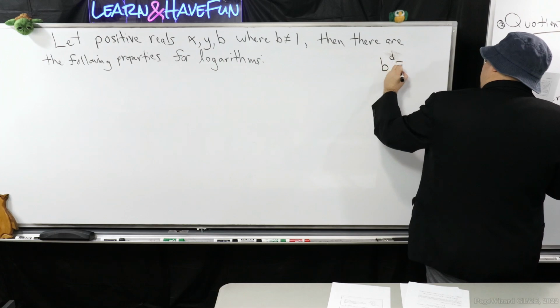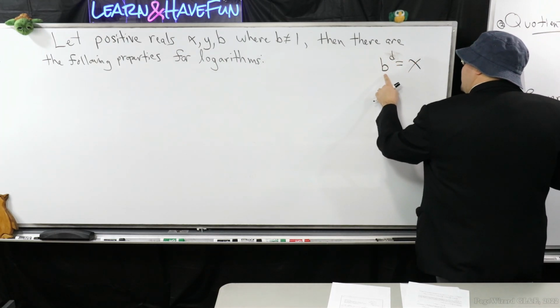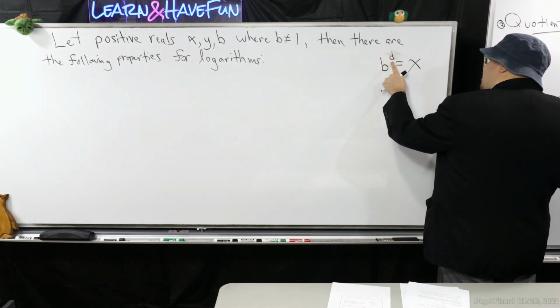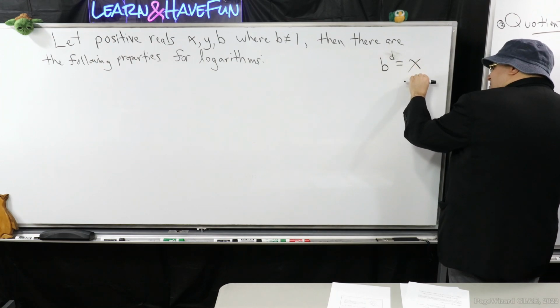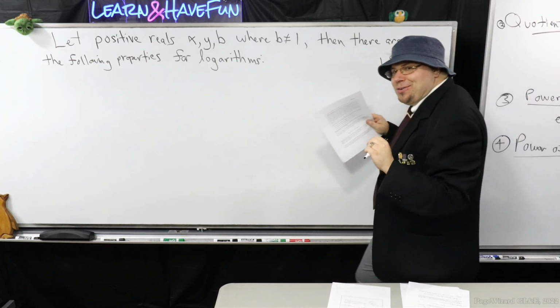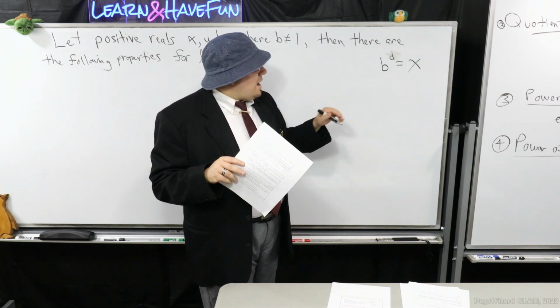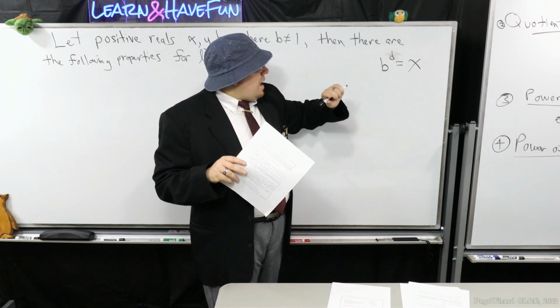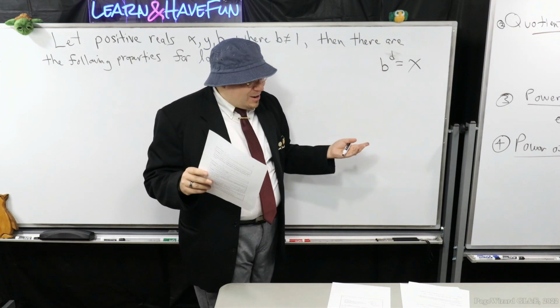In exponentiation, you take b and raise it to the power of d, and you get, as a result, x. Now, what I would like to know is, if I give you the base b and I give you x, what is d? That's what the logarithmic function is.